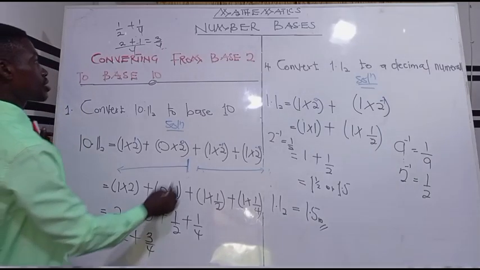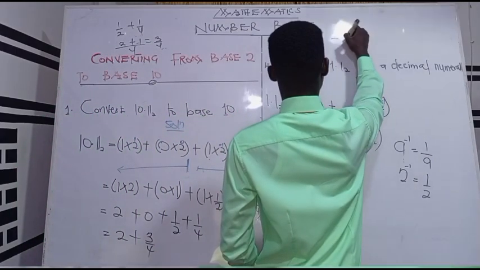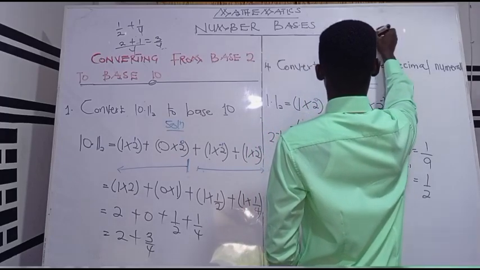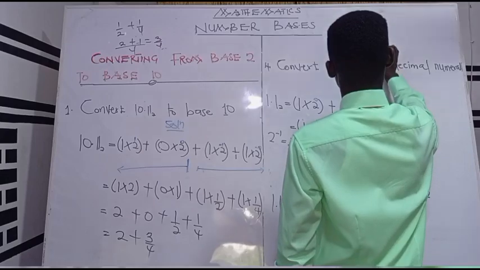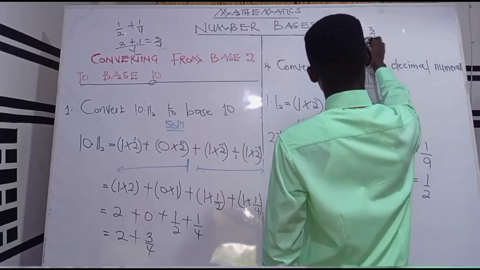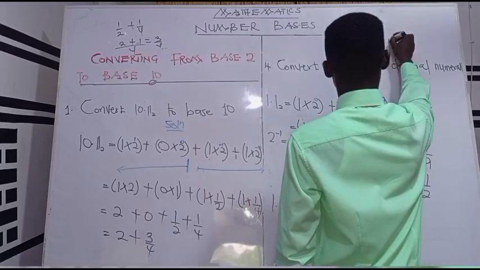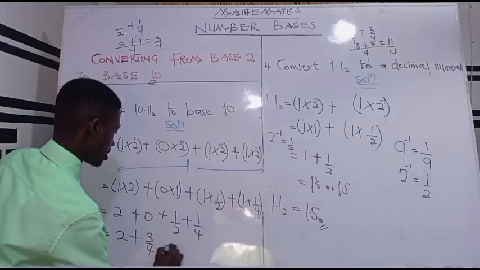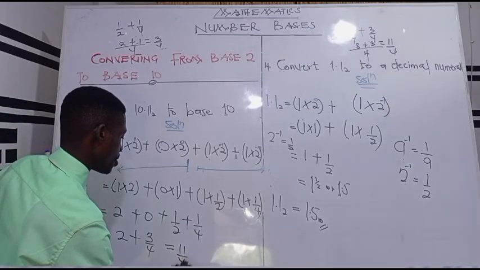So we are going to do this also. So let's solve it here. 2 plus 3 over 4. You find the LCM, which is 4. 1 into 4 is 4. 4 times 2, we have 8. 4 into 4, 1. 1 times 3, we have 3. We have 11 over 4. So we can say that 2 plus 3 over 4 will give you 11 over 4.